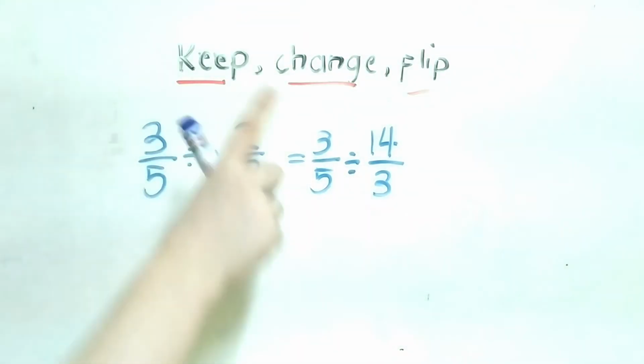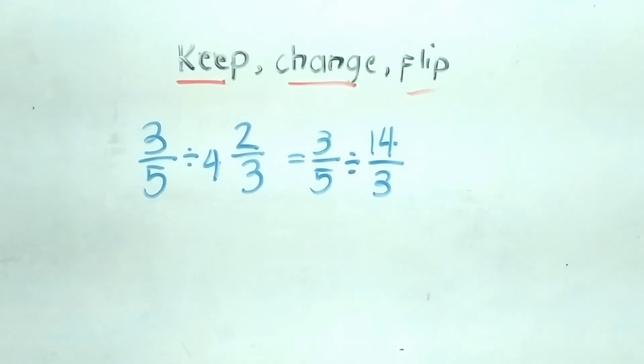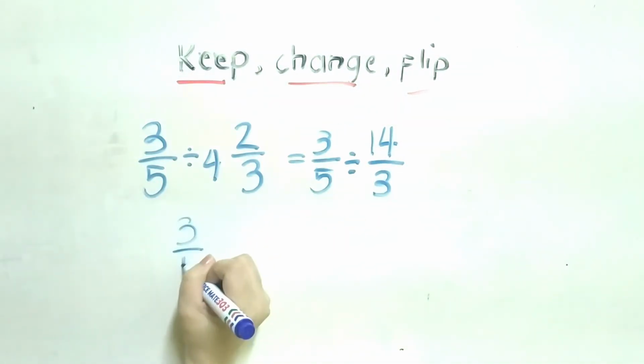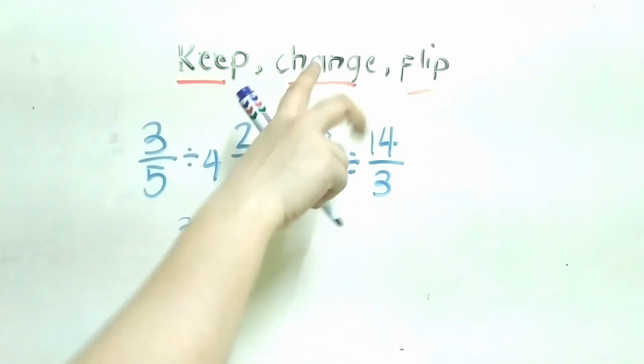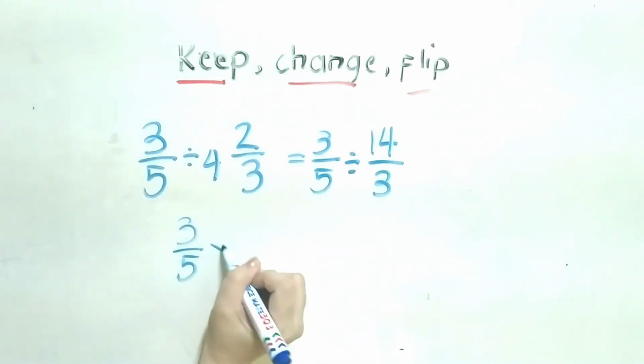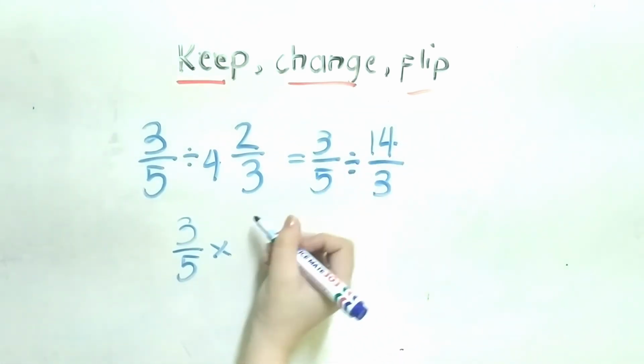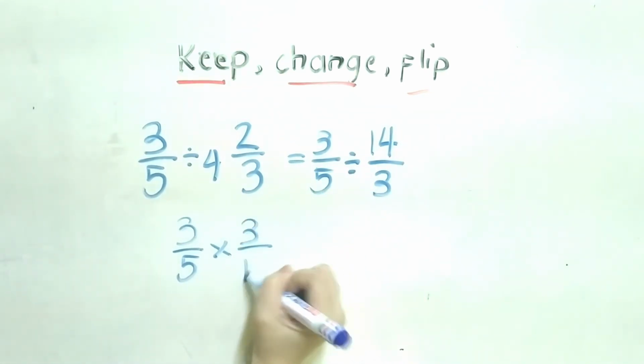Now, gawin na natin ang keep, change, and flip. Nasusundan pa? Grade 4. So, keep natin ang 3/5. And then, change natin ang division to multiplication. And then, flip natin ang 14 over 3 magiging 3 over 14.